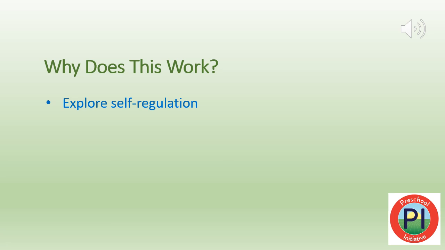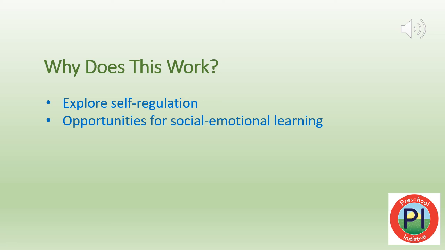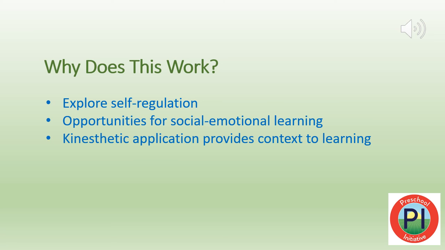It provides opportunities for exploration of self-regulation and social emotional learning. It has a kinesthetic component that can provide context to a language experience or story. It allows children to explore patterns and math concepts, and it's engaging, flexible, and fun.